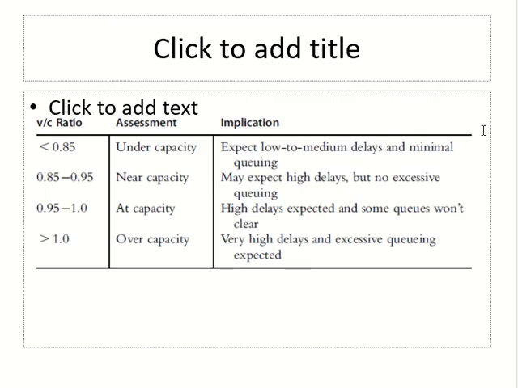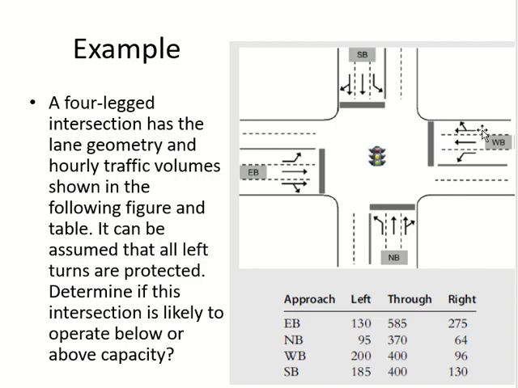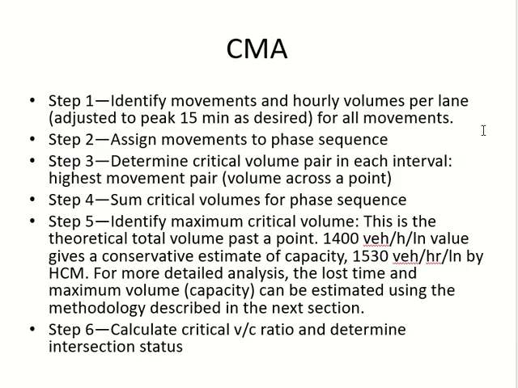Then we talked about traffic signals, which can be operated in different ways: pre-timed, coordinated, fully actuated. We talked about the terminologies, and then a method to quickly find out if the capacity of the intersection is enough or not. We call this method the critical movement analysis.